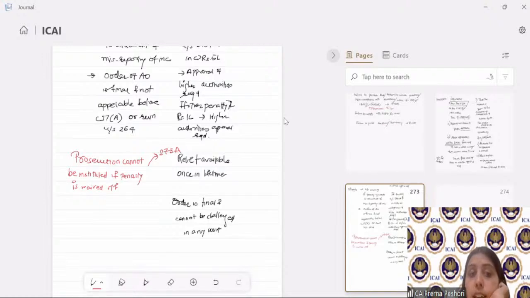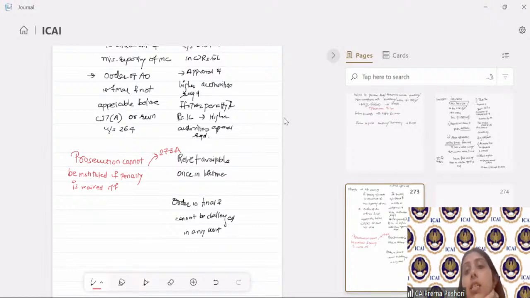It is especially in the case of 276CC, which is failure to furnish return of income, and 276B, which is failure to pay the TDS or TCS. In these cases, the police cannot arrest without the warrant. Is that clear?